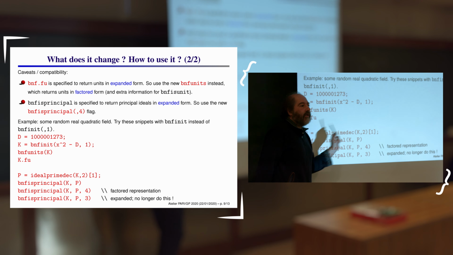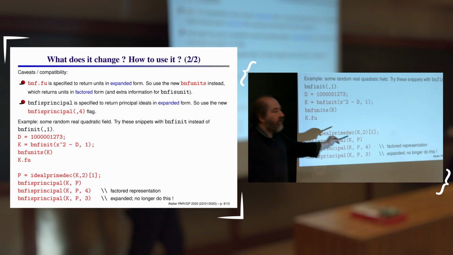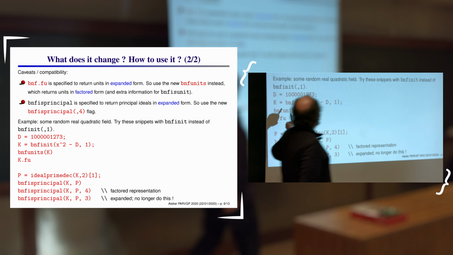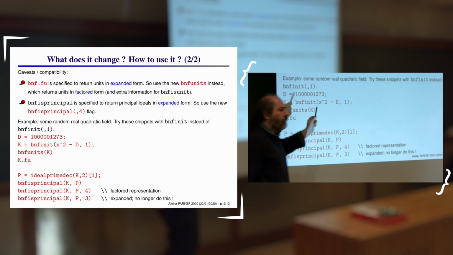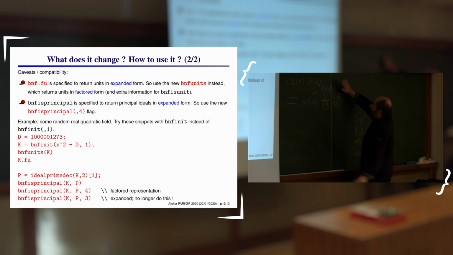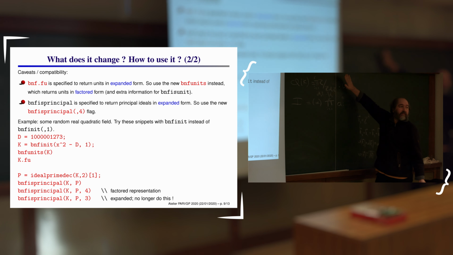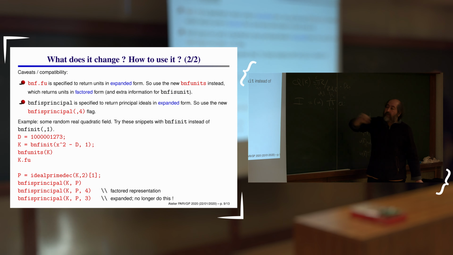I'm taking the first one. This is called P. And I'm asking to compute the discrete log. So you can ask what is K.clgp, what is the class group. I think it's trivial. Don't quite remember, but when the class group is trivial, all these ideals are just ZK. So we just want a principal generator of I.